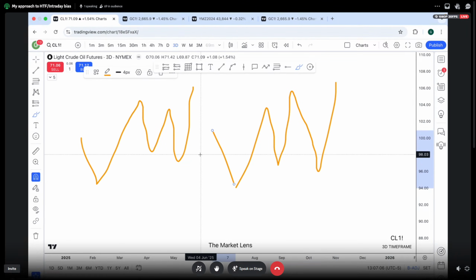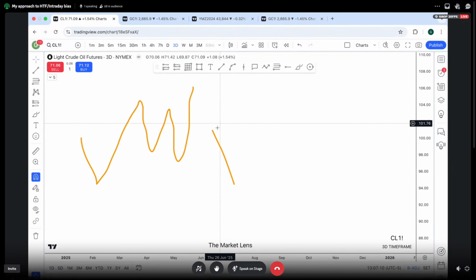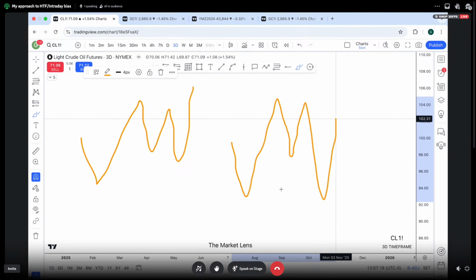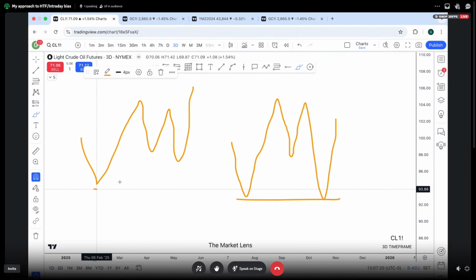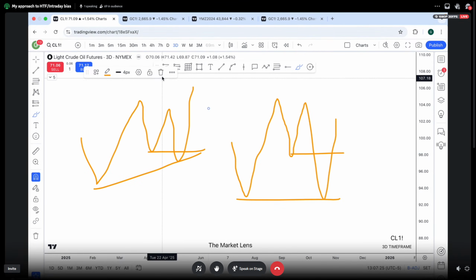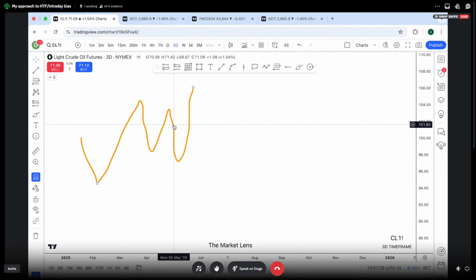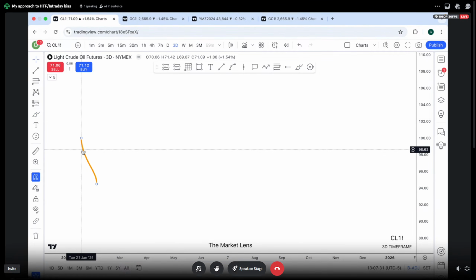So let me redraw this. One asset takes out this low, the other one doesn't, but they'll both take out this low. Still different ways.